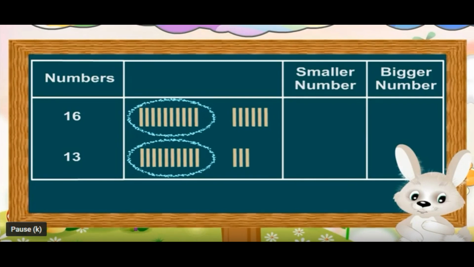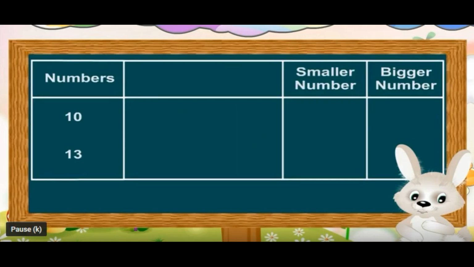Well, you have taken out the common group of 10 lines in each number. In number 16, 6 lines remain. In number 13, 3 lines remain. Now 6 is bigger than 3, which means number 13 is a smaller number and number 16 is a bigger number.